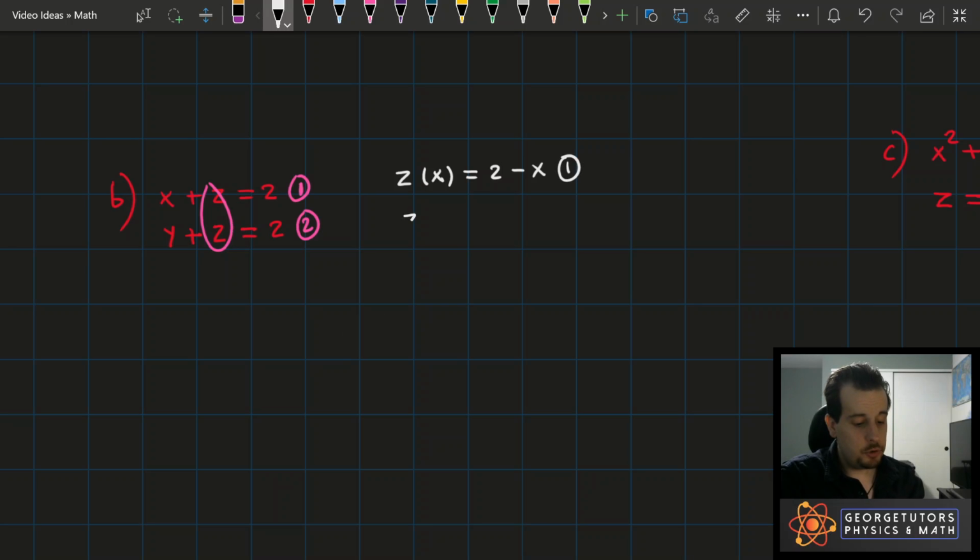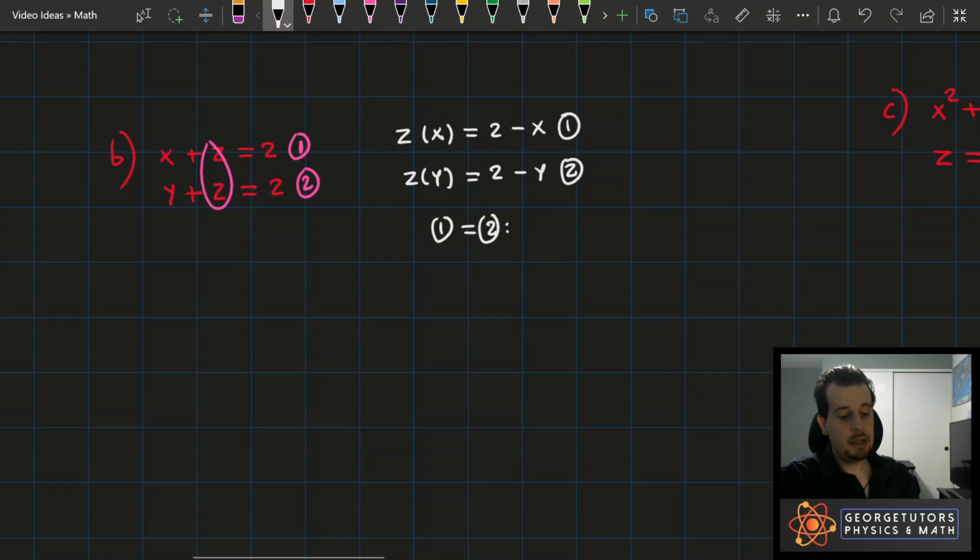And from the second equation, I'm going to have z as a function of y, and it's going to be 2 minus y. So again, I can kill the z dependency by equating the two equations. And we have here that 2 minus x is equal to 2 minus y. Essentially, the 2's go away: minus x is equal to minus y, or x is equal to y.